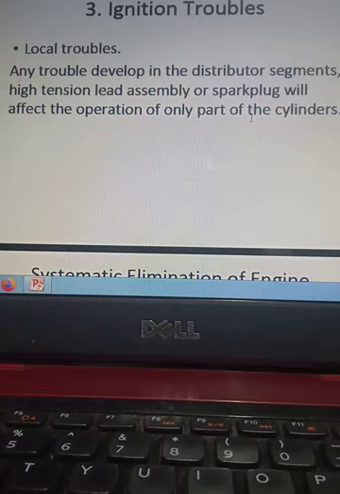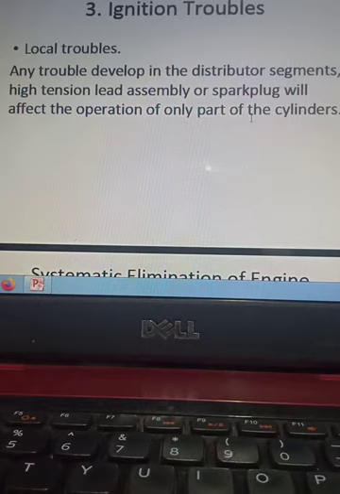So compression is the mechanical parts, like the pistons, connecting rods, and bearings. Then for the carburation and the fuel system, those are the carburetor and strainer.